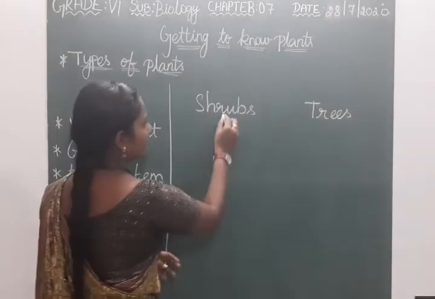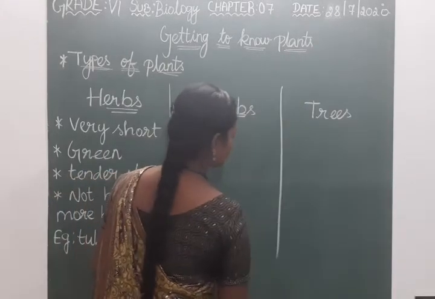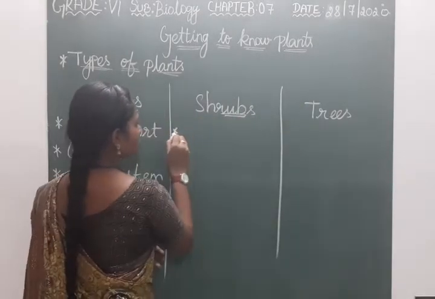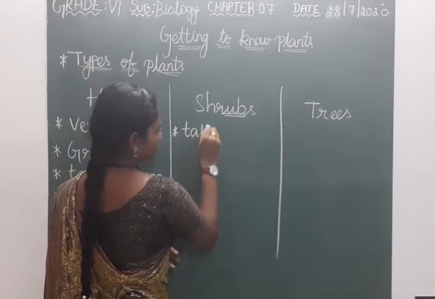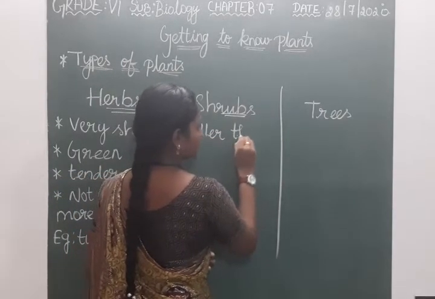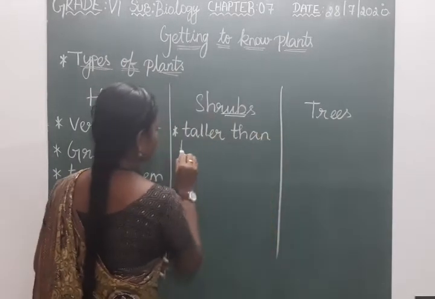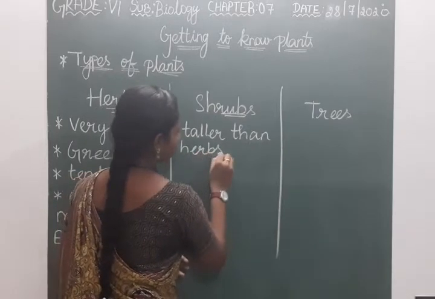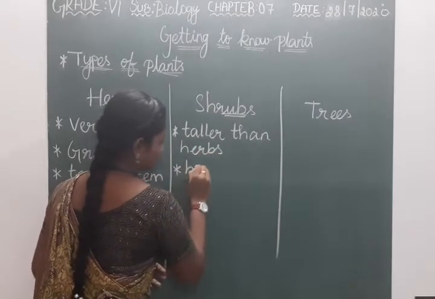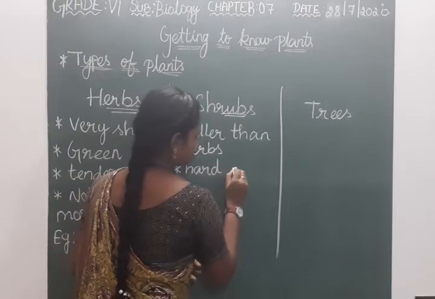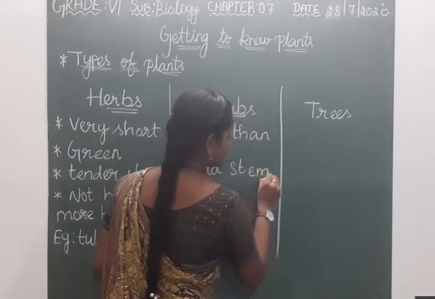Next, the second category is shrubs. Shrubs are taller than herbs. Here the stem is hard, but it is not very thick.